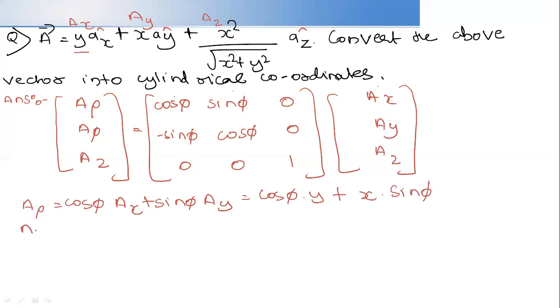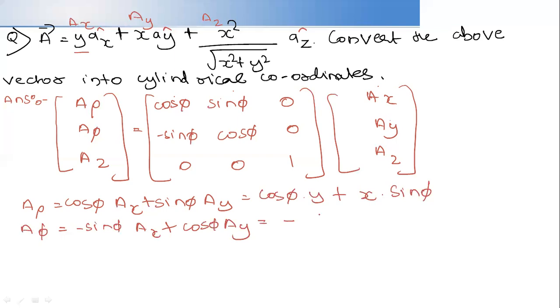Then we will go to a phi. A phi will be minus sin phi ax plus cos phi ay, and az into 0 is 0 there, so we are not worried about that. So minus ax, and that is y.